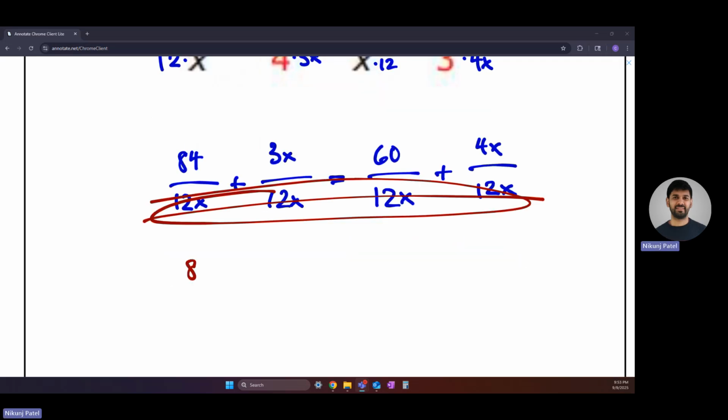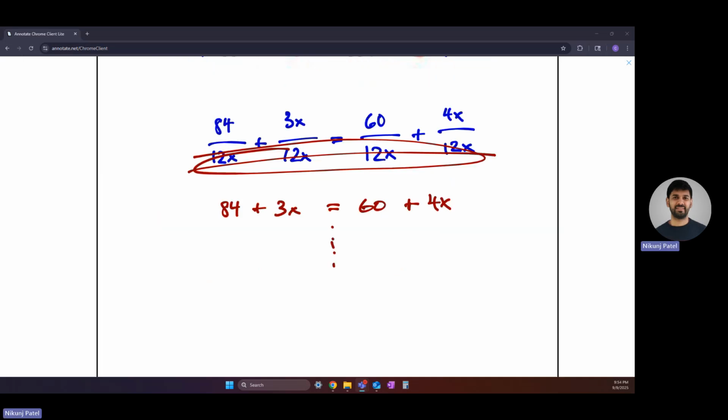And we just end up with 84 plus 3x equals 60 plus 4x. So taking it from there, you should end up with x equals 24.